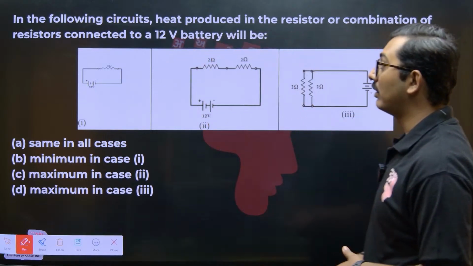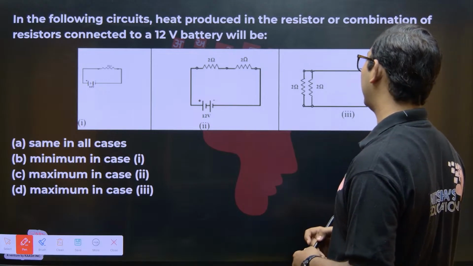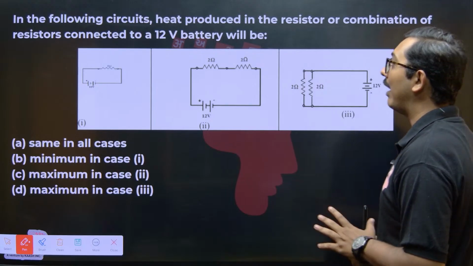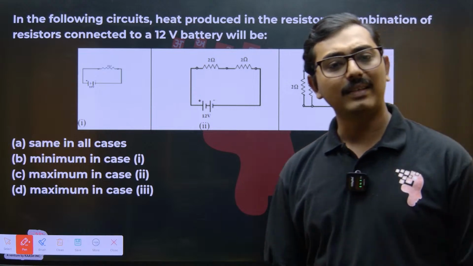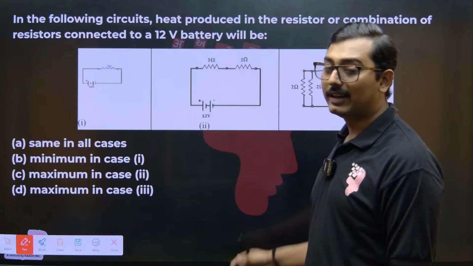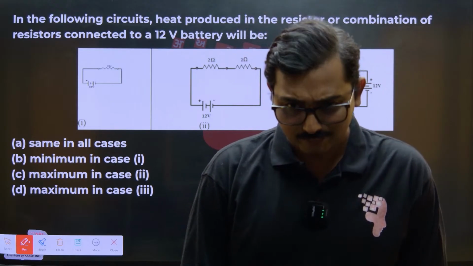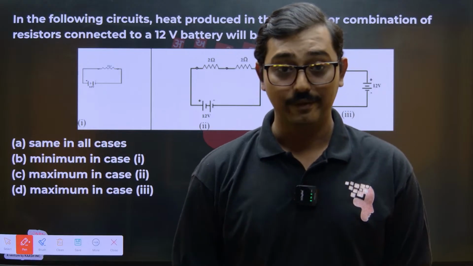Yes, next question. In the following circuit, the heat produced in the resistor or combination of resistors connected to a 12-volt battery will be. Now, first importantly, are we required to find the resultant resistance and its value? Obviously not. Why?